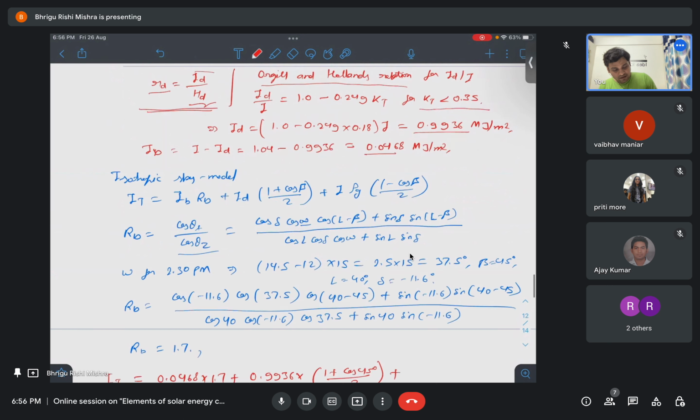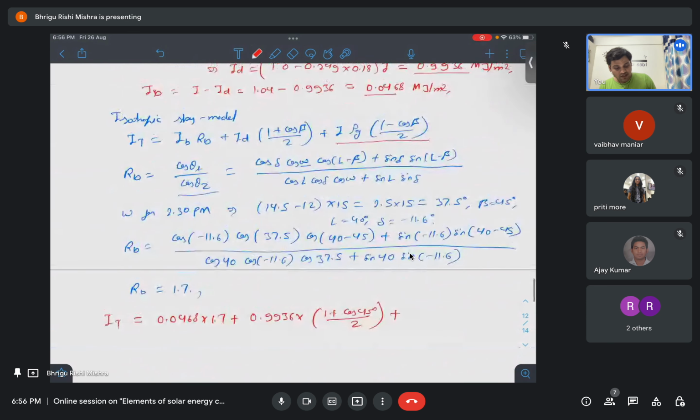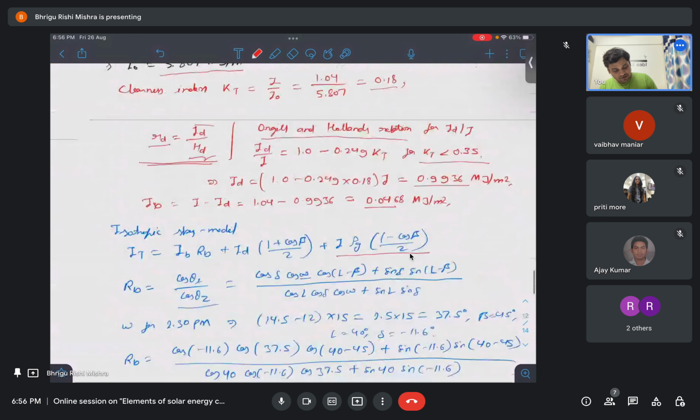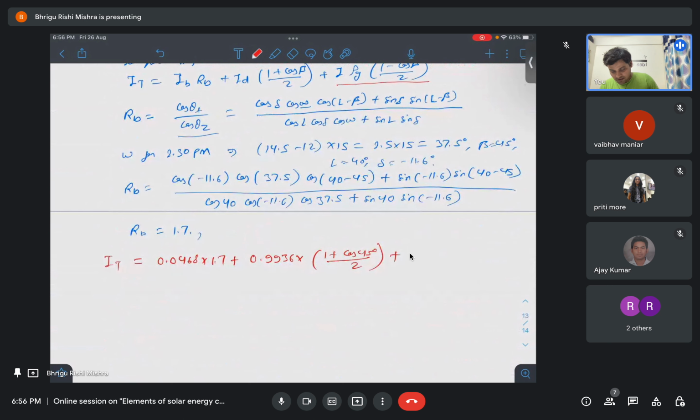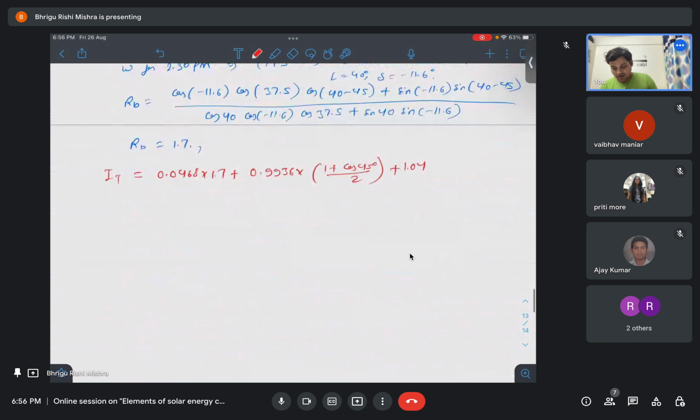And this portion, I rho g into (1 minus cos beta)/2, and rho g is given in the question, ground reflectance 0.6. So plus 1.04, here I means total radiation on the horizontal surface, so 1.04 into ground reflectance 0.6 into (1 minus cos 45)/2.